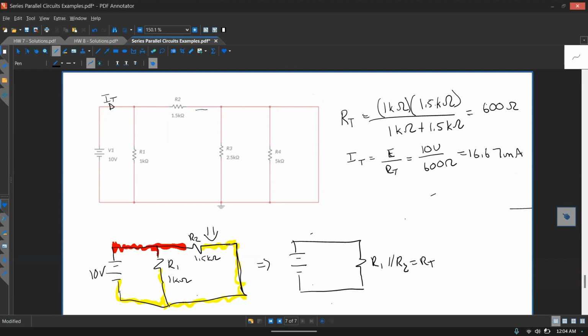So at this point, you can really forget about this circuit and just focus on this one. So this is your I total right here.